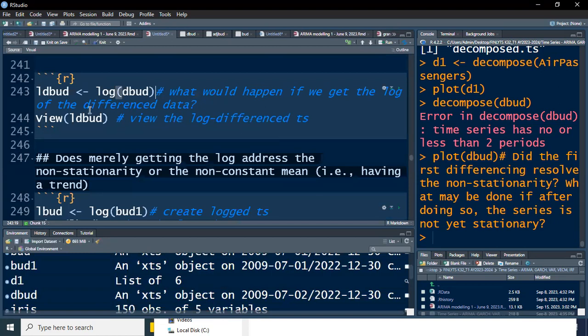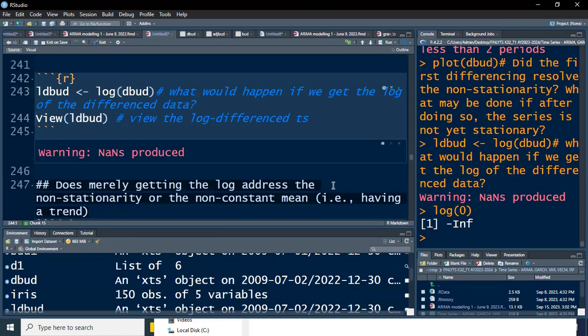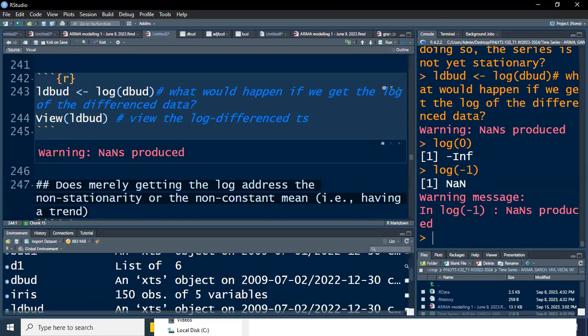Okay, so if we get the log of a difference data, what do we have? If I run this, control enter, it will give us NaN, not a number. Why? Because we said last time that you cannot get the log of a negative or zero. If I do the log of zero, that's infinite, no? So that's undefined actually. Log of a negative number, log of -1, that is not a number. All right?